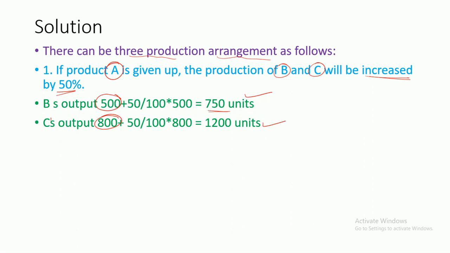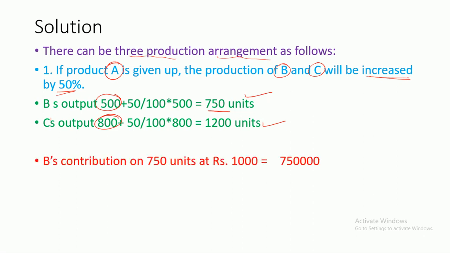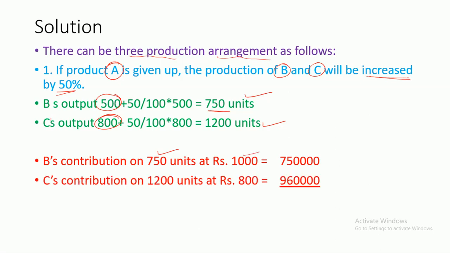Okay, so now for these new production units, what is the contribution? B's contribution, these 750 units multiplied by the contribution per unit we calculated just now, 1,000. So 750 into 1,000. Similarly, product C's contribution, 1,200 units into 800 rupees contribution per unit, that is 9,60,000.